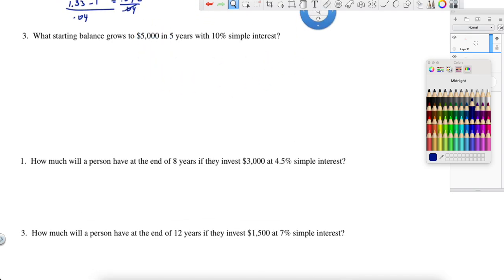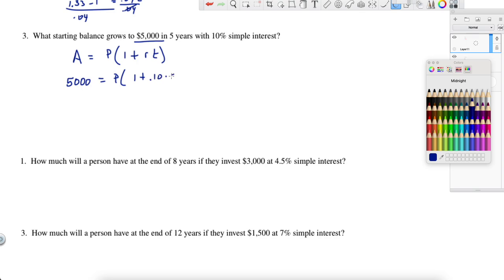What starting balance grows to 5,000 in 5 years with 10% simple interest? So balance grows to, so this is our 5,000. So that's our amount. And the starting balance in this case, that's our principal, that's P. So it grows to 5,000, that goes here. P is our unknown in this case, and we've got 0.10, that's our interest, times 5. 0.1 times 5 is 0.5, plus 1 is 1.5.